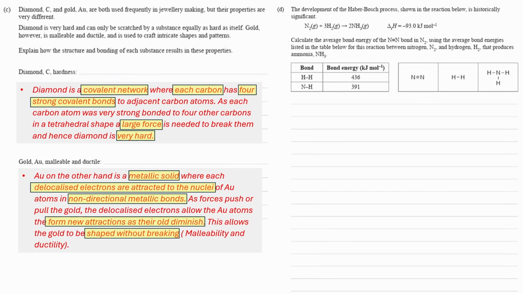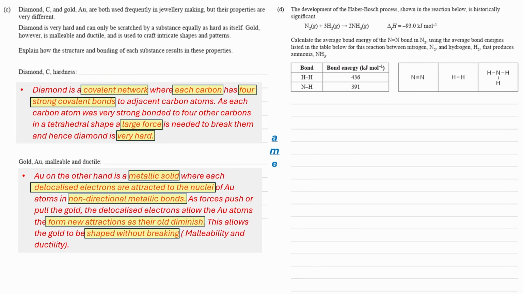And if you explain how the bonding in both results in the comparative properties, you get excellence. Sorry, if you do both of these paragraphs properly, you get excellence. So basically, you put down one good point, you get achieved. You explain the paragraph for either of them, it's a merit. If you get both, it's an excellence.